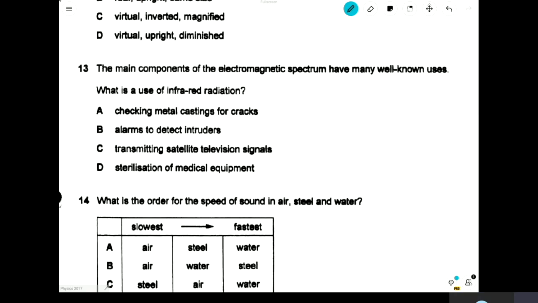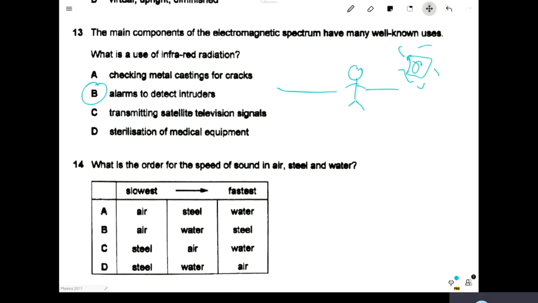Checking metal? No. Intruder alarms, 13. B. You know the infrared? When the thief touches the infrared, the alarm will ring. That one. Next.